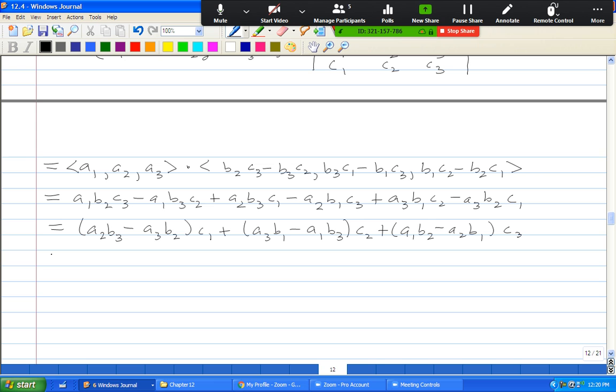So this is equal to A2, B3 minus A3, B2, A3, B1 minus A1, B3, and A1, B2 minus A2, B1 dot C1, C2, C3.